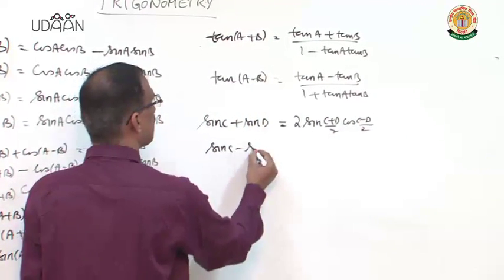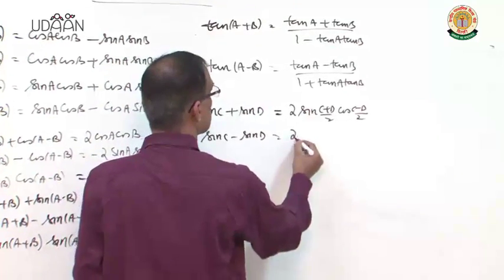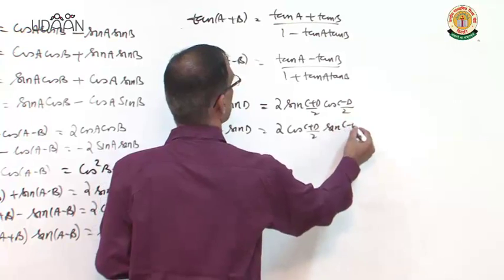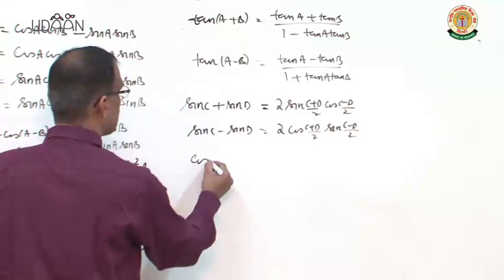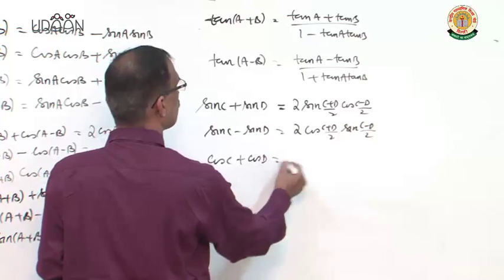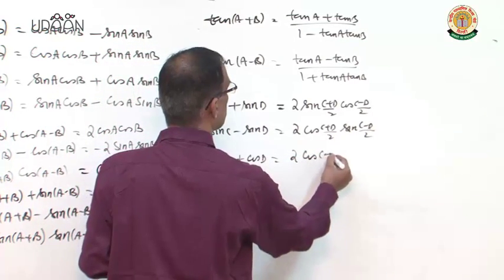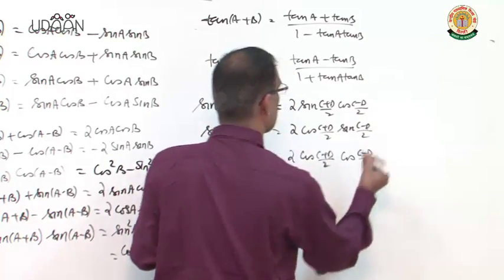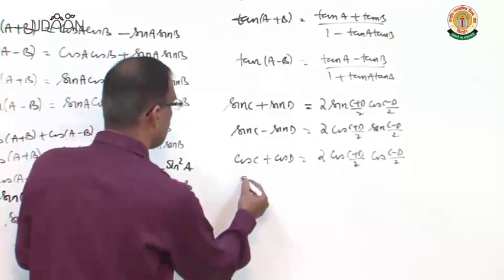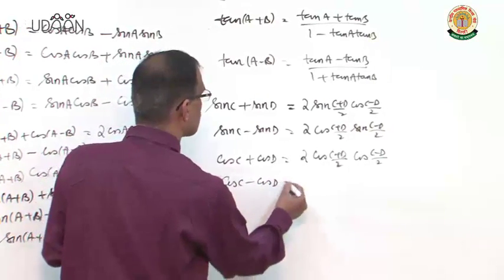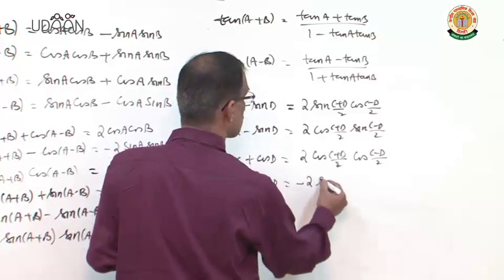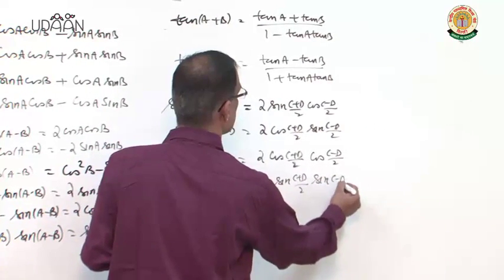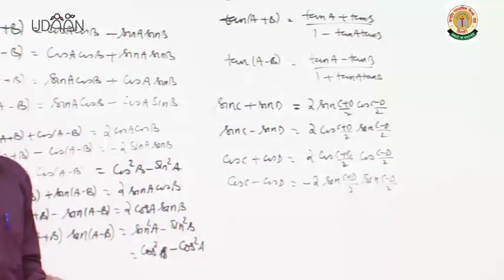Similarly, sin C minus sin D equals 2 cos((C+D)/2) sin((C-D)/2). cos C plus cos D gives 2 cos((C+D)/2) cos((C-D)/2), and cos C minus cos D gives minus 2 sin((C+D)/2) sin((C-D)/2).